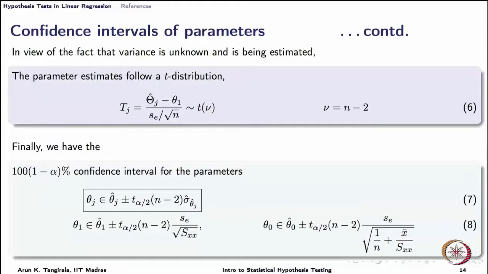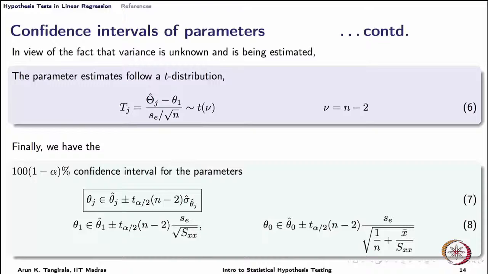And once you have the sampling distribution, we know how to construct the confidence intervals. It is straightforward. We assume small sample size, Gaussian distributed errors, variance unknown. So, this is a classic case of the one sample t test.